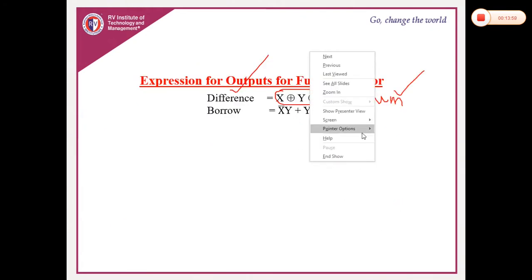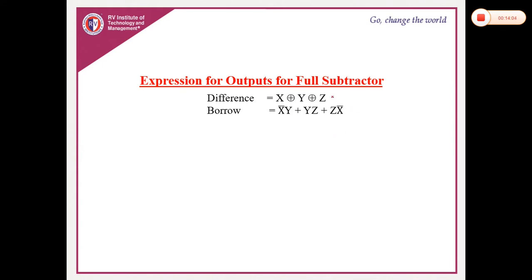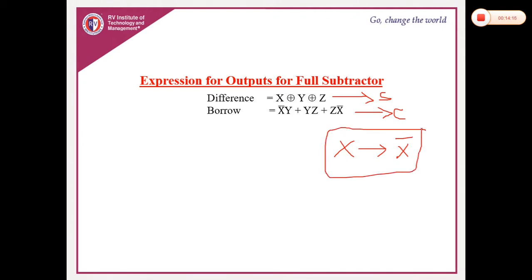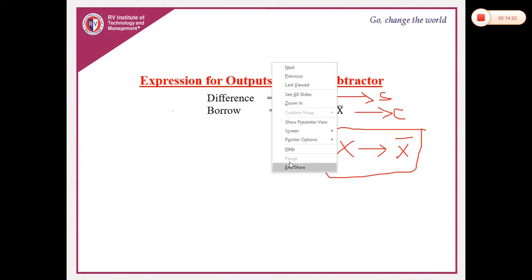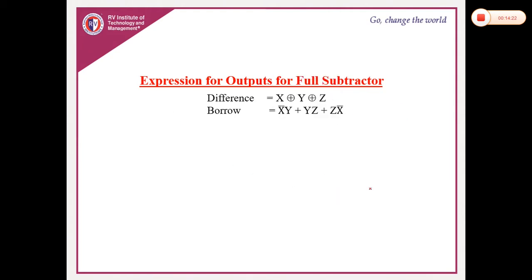So to remember full adder and full subtractor: difference is the same as sum, but borrow is the same as carry, provided x is replaced with x bar. We have seen this even for half adder and half subtractor. This is the way you are supposed to remember the expressions for full adder, full subtractor, half adder and half subtractor.